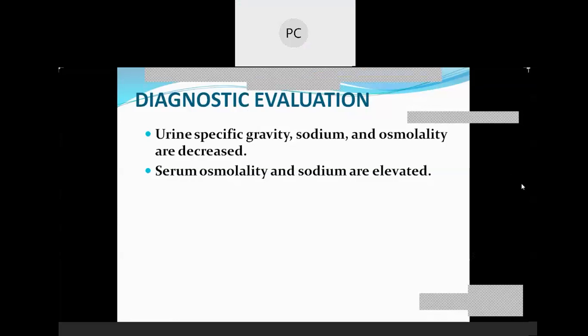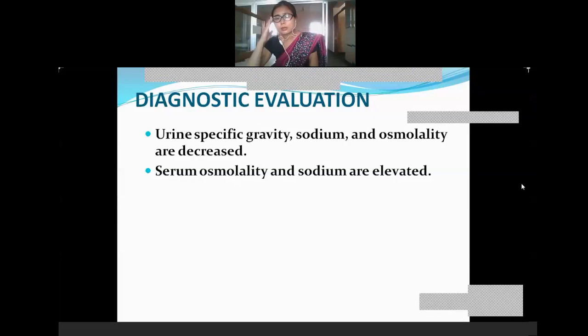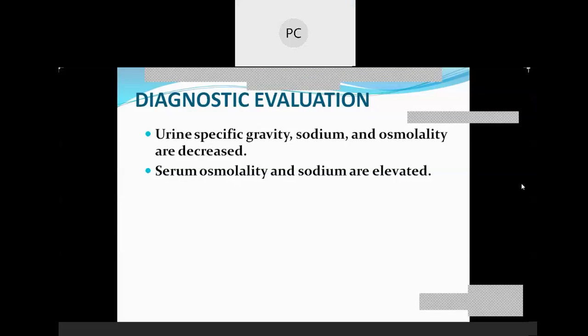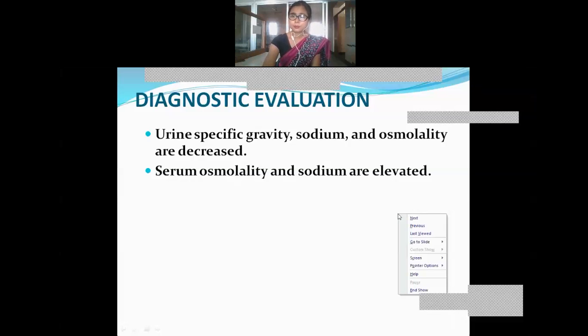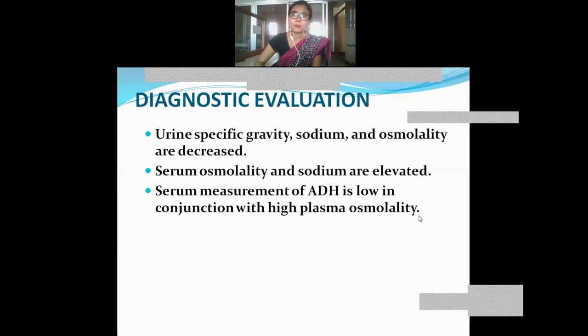Okay, so the normal serum sodium is 135 to 145 millimole. But in a patient with diabetes insipidus, it will be more than 145 millimole. And serum measurement of antidiuretic hormone is low in conjunction with high plasma osmolality.